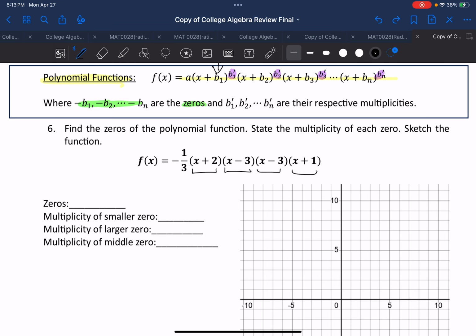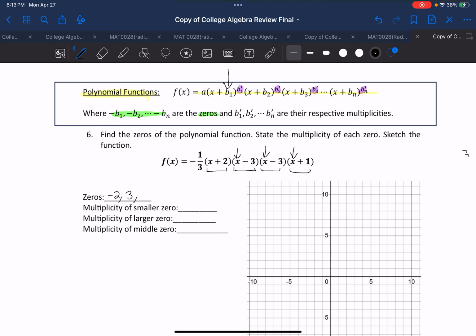But negative 2 here will make this one 0. Negative 2 plus 2 is 0. So that's a 0. Positive 3 minus 3 is 0. So positive 3 is a 0. Positive 3 minus 3 is a 0, but I already got that one. And then this one, x would have to be negative 1 to make that 0. Negative 1 plus 1 is 0.